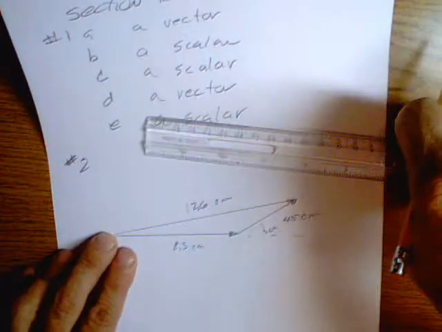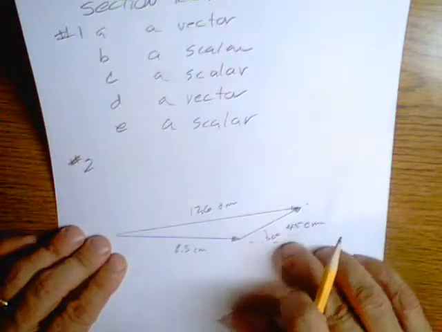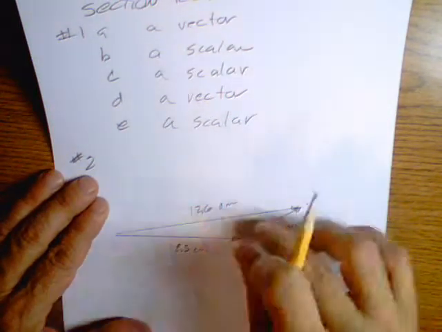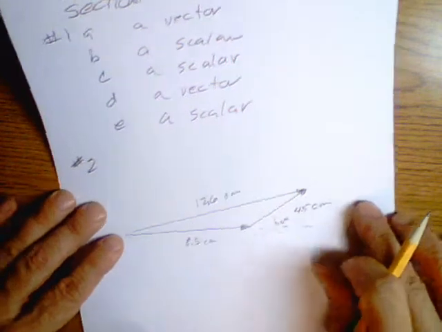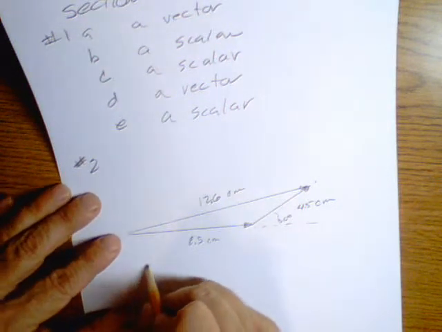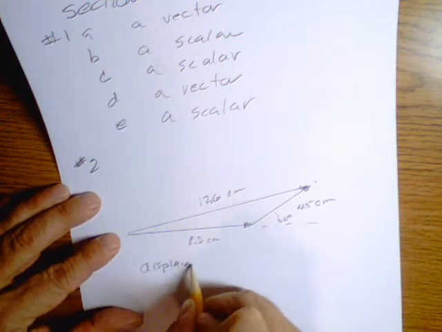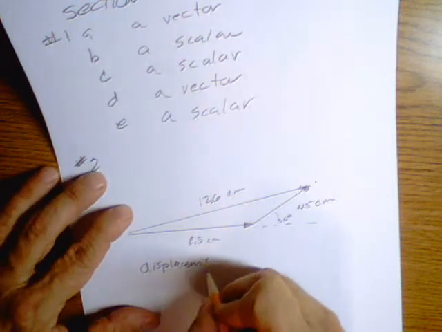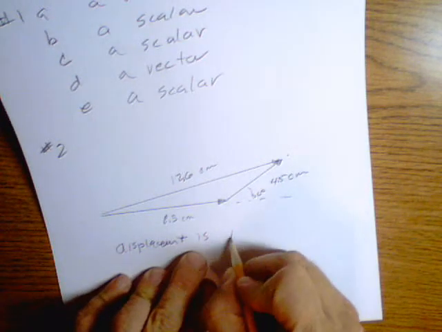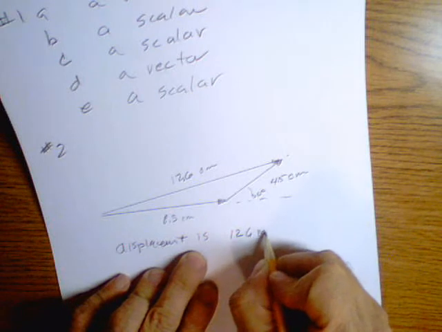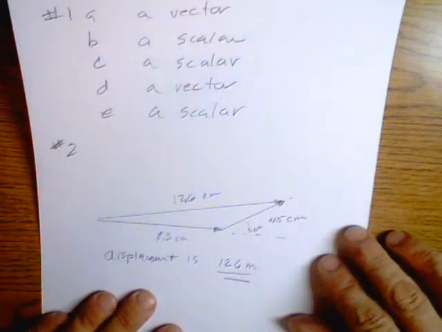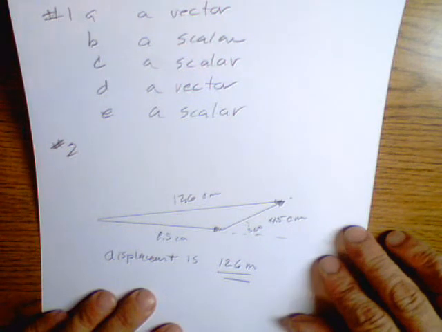I was thinking in meters because that's what these are supposed to represent. That's what our book is using, but we could easily translate it. So the answer is that the displacement is 126 meters. I just used centimeters because it was a scale that I could use.